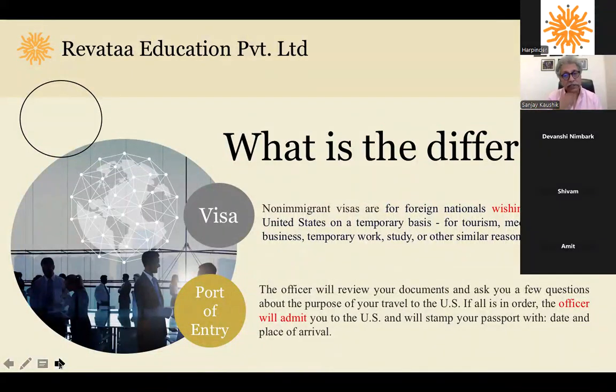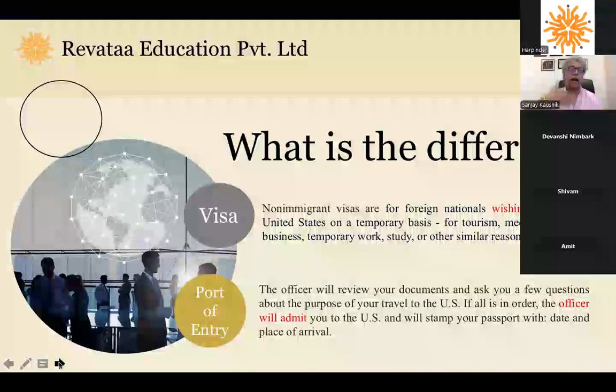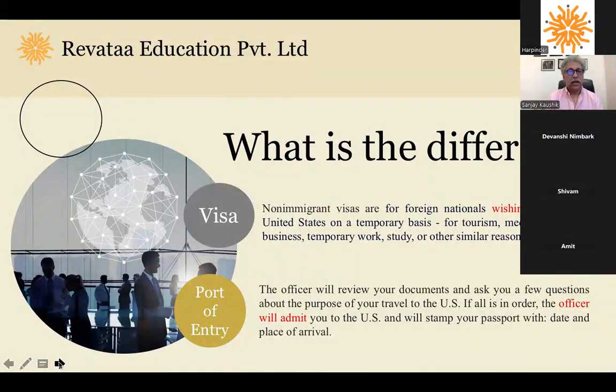Now, the non-immigrant visa means that you have to show your intention of returning back to your home country. Okay? Like I earlier mentioned, there is one Department of State which issues the visa. Then it's at the port of entry. The visa officers would look at your visa application form, and based on that, they would make the decision of issuing a B1. Similarly, when you reach the US, the immigration officer, the port of entry officer, will ask you certain questions, and depending on the purpose of your visit, he would stamp your passport with the appropriate visa category to enter the US.